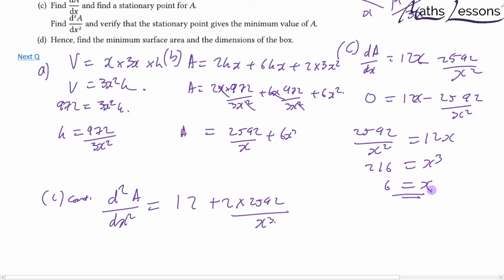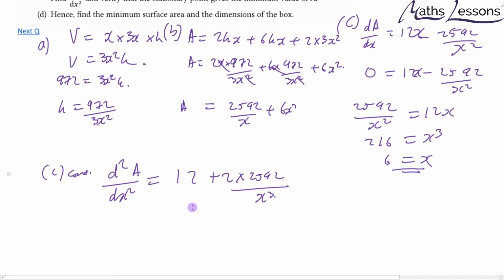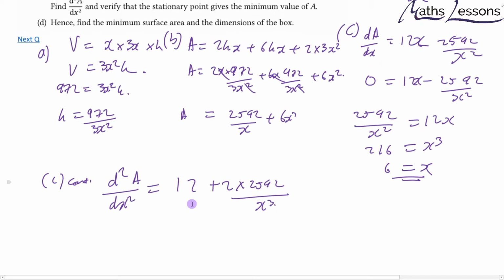Then if we put x into this, x is 6, so when you put 6 into this, you've got a positive number divided by a positive number added onto a positive number. So we don't even need to work it out. We can just see at x equals 6, we know that the second derivative is greater than 0. So therefore we have a minimum turning point.